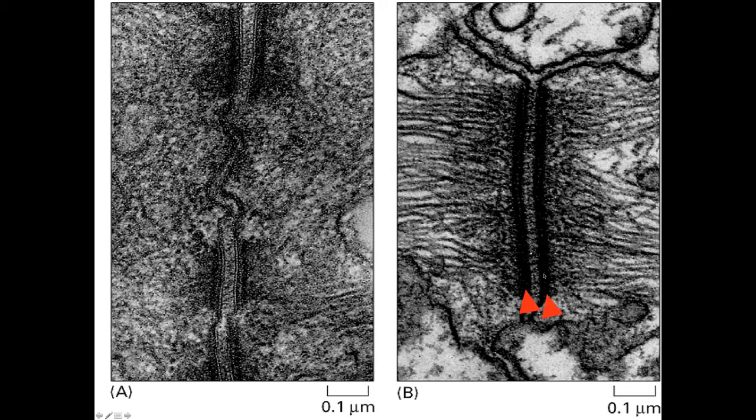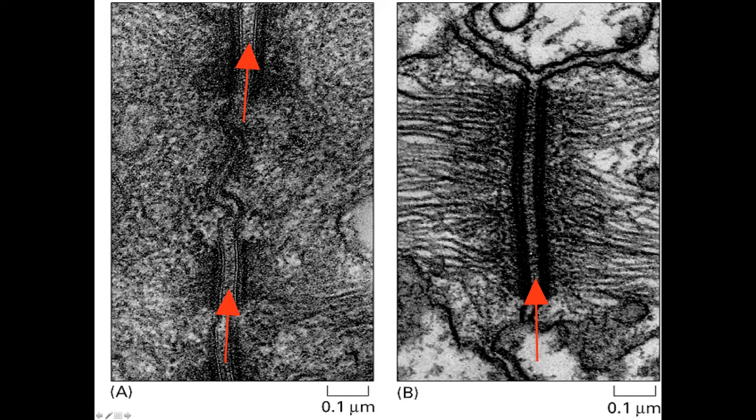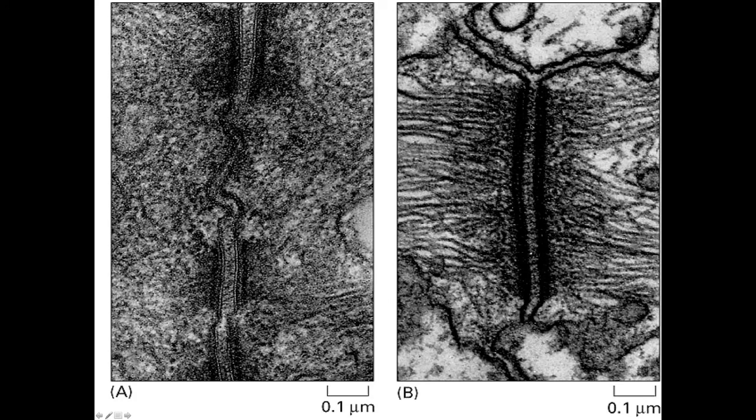This dense plaque at high power on the electron micrograph almost looks identical to the cartoon. Here is a plaque between the cells. These would be these desmogleins, desmocollins binding onto the cells. But the membranes don't fuse, because here's the membranes from one cell to another. The membranes don't fuse, and here showing the plaque binding onto intermediate filament keratin proteins.